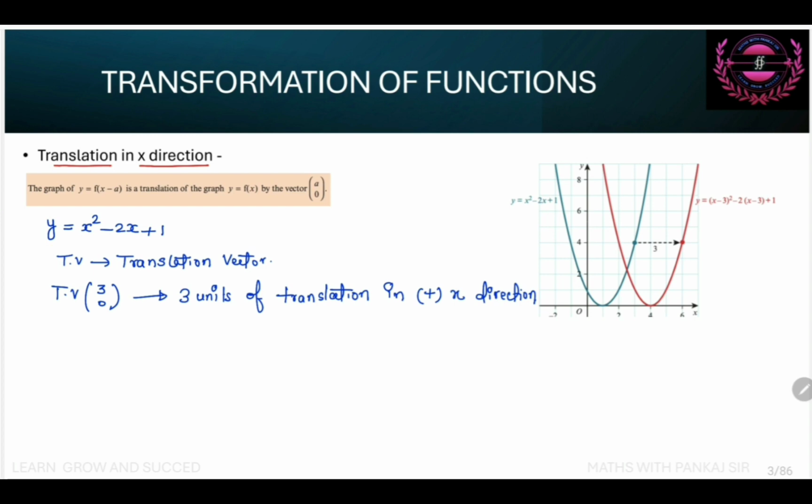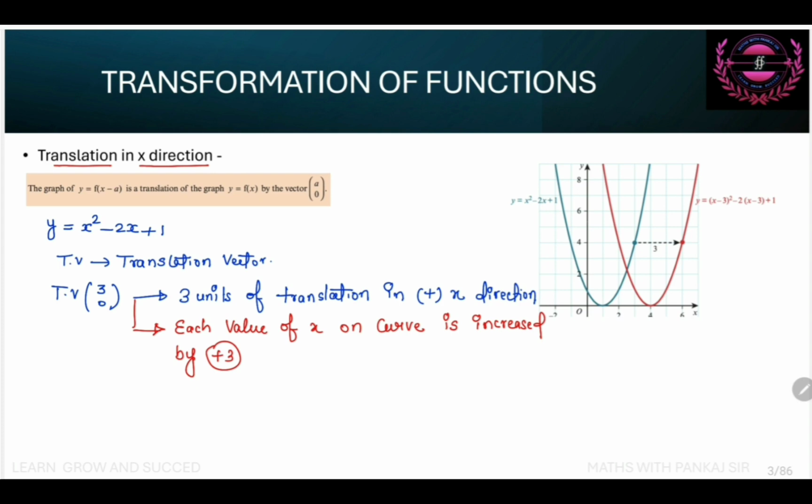This also means that each value of x on the curve is increased by plus 3.